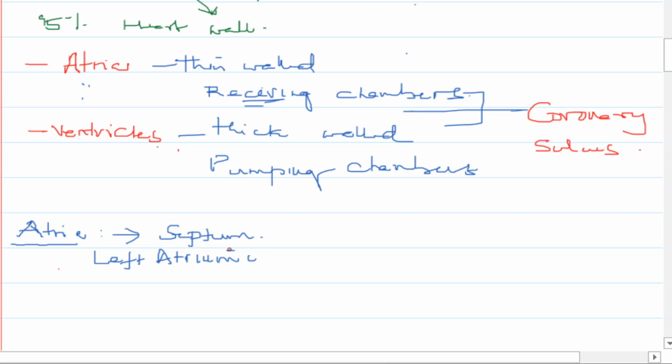Now, we are talking about the internal structure. There is a septum that divides the atria, that runs in between. This is called the interatrial septum, right? Inter means in between, atria, septum. The membrane that separates the two.